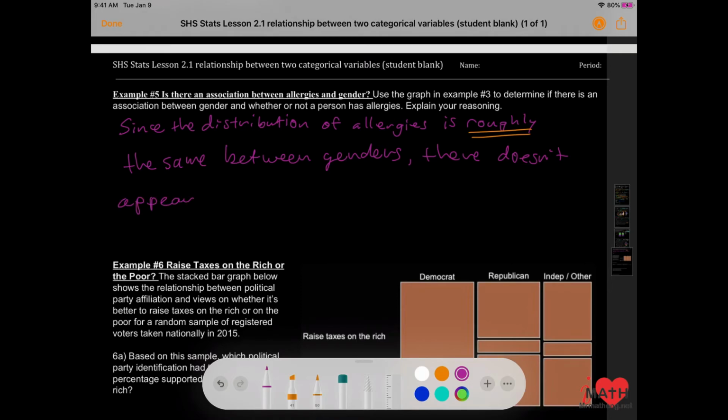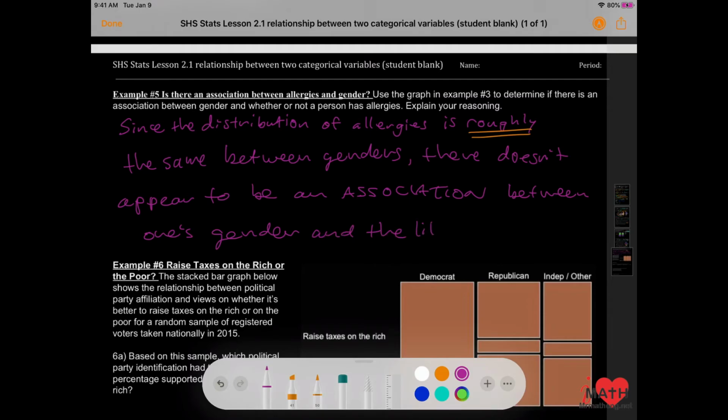There doesn't appear to be an association. I'm going to capitalize that. It's kind of like our big word for today, for learning target number 3, between our two categories, between one's gender and the likelihood of allergies.